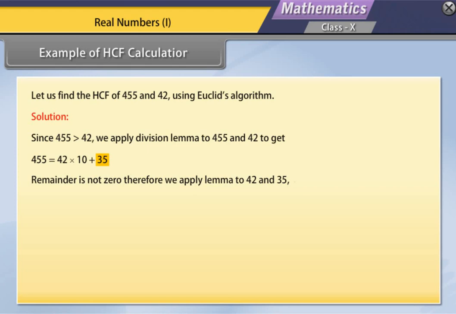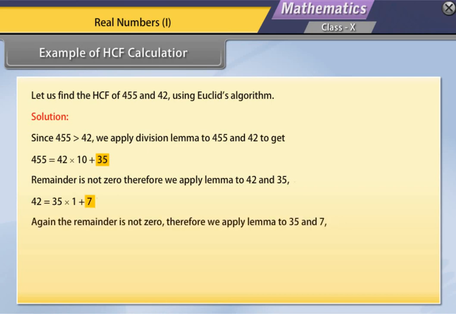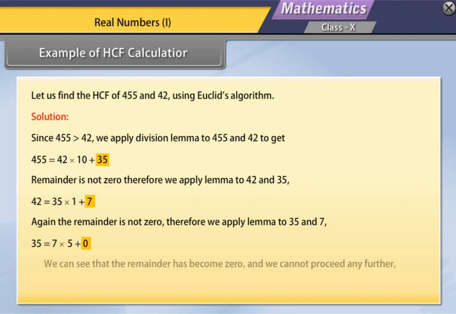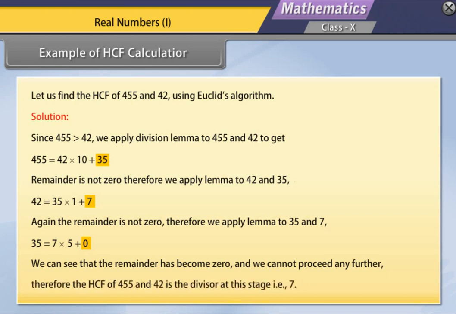The remainder is not 0, therefore we apply the lemma to 42 and 35. 42 is equal to 35 into 1 plus 7. Again, the remainder is not 0, therefore we apply the lemma to 35 and 7. 35 is equal to 7 into 5 plus 0. We can see that the remainder has become 0 and we cannot proceed any further. Therefore, the HCF of 455 and 42 is the divisor at this stage, that is 7.